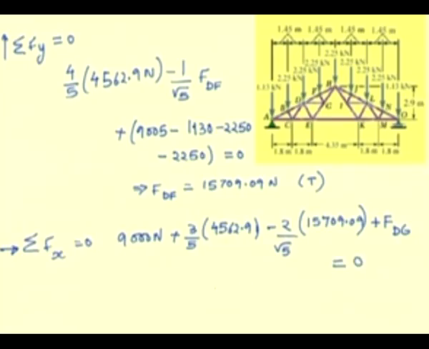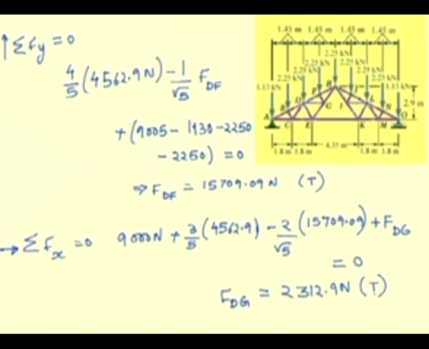So, from this equation we have this force in DG is determined as 2312.9 Newton of tensile nature.